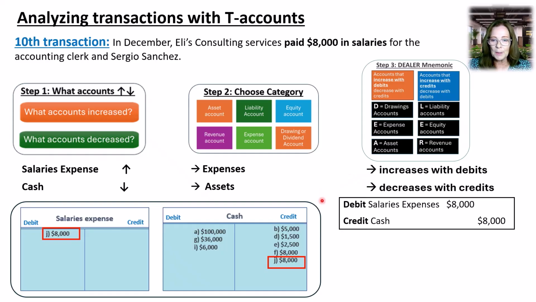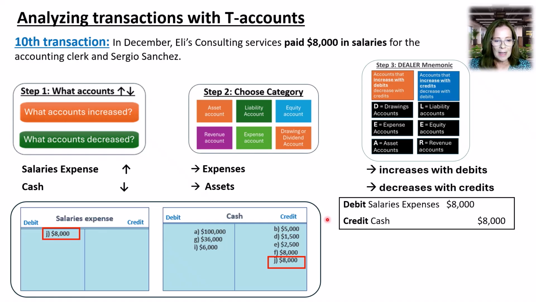So that means that we need to debit salaries expense for $8,000. For the second part of this transaction, we previously determined that the cash account decreased. Cash is an asset, and assets decrease with credits. So in this case, cash decreased, so we have to credit cash for $8,000.